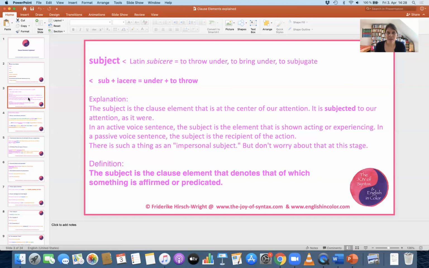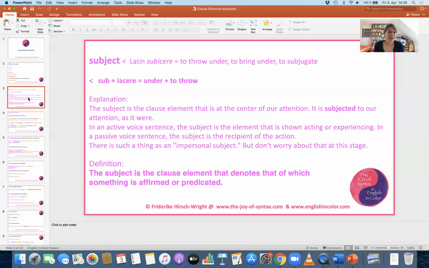In my video where I explained word classes, we learned that the word adjective comes from adjacere, to throw at, and adjectives are word classes that are thrown at nouns, accompany nouns, and modify their meaning, explain something about their characteristic or their situation.